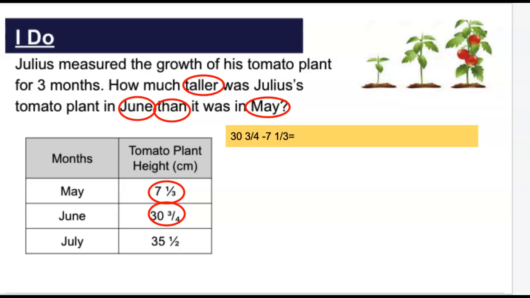My plan is to subtract the amount in May from the amount in June. So I'm going to set my problem up so that I can begin my operation of subtraction. And subtraction, we know, means finding the difference.